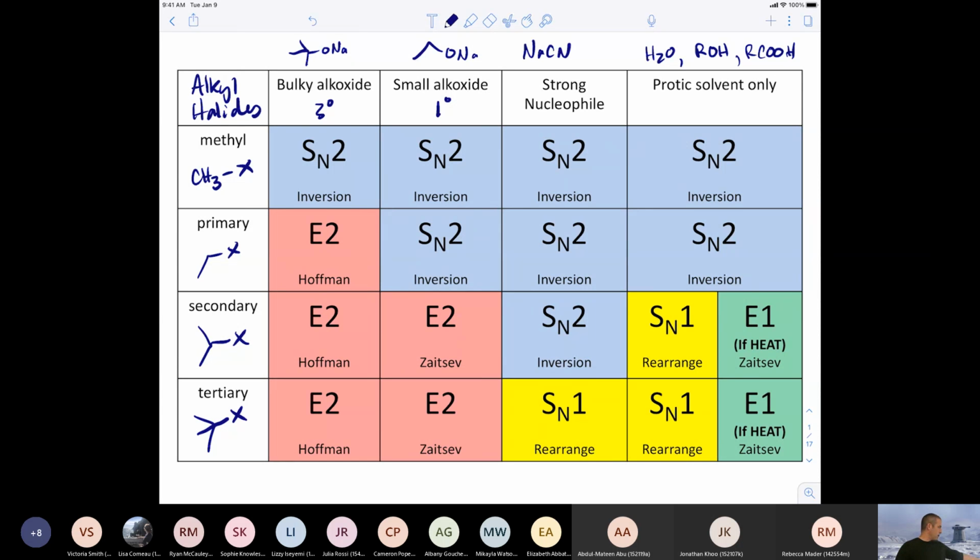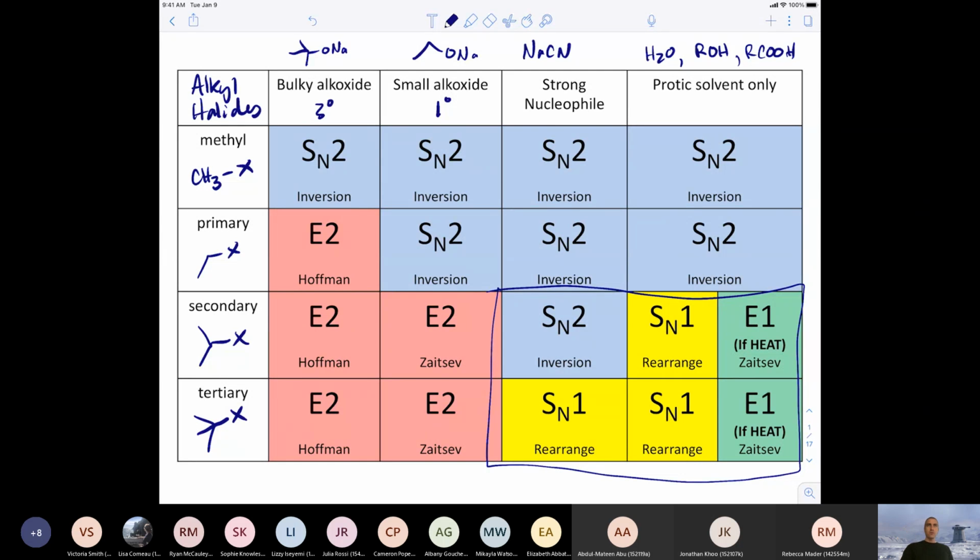that only leaves the bottom right-hand corner of stuff you have to think about. Tertiary will always do something, well, no, that's not true. It'll do E2, but it will never do SN2, because SN2 doesn't work on tertiary. If you have a strong nucleophile, SN2 if it's secondary, SN1 if it's tertiary.